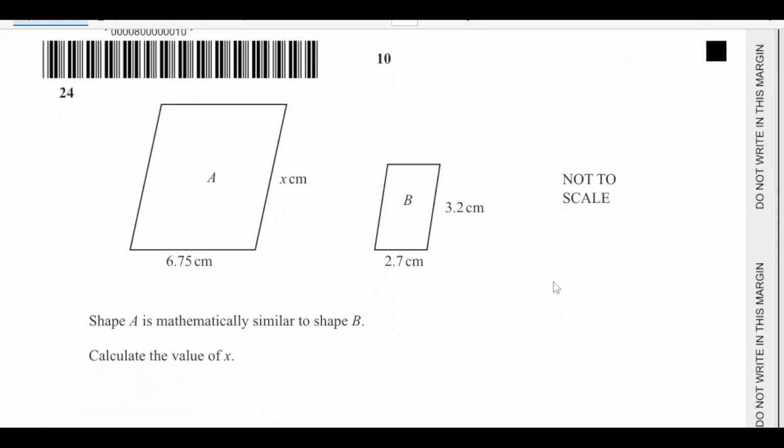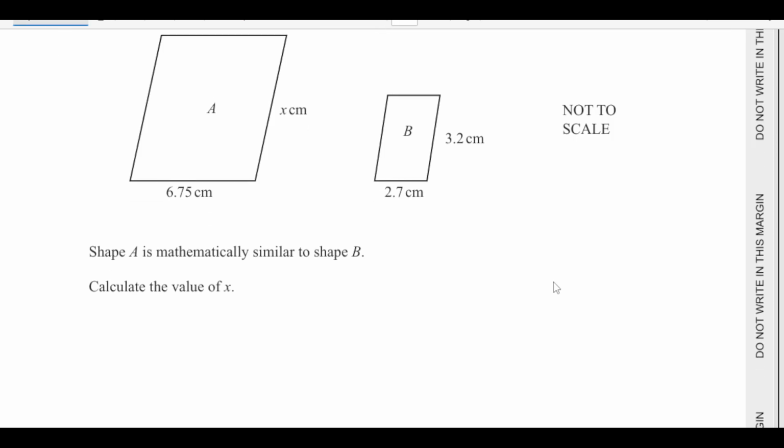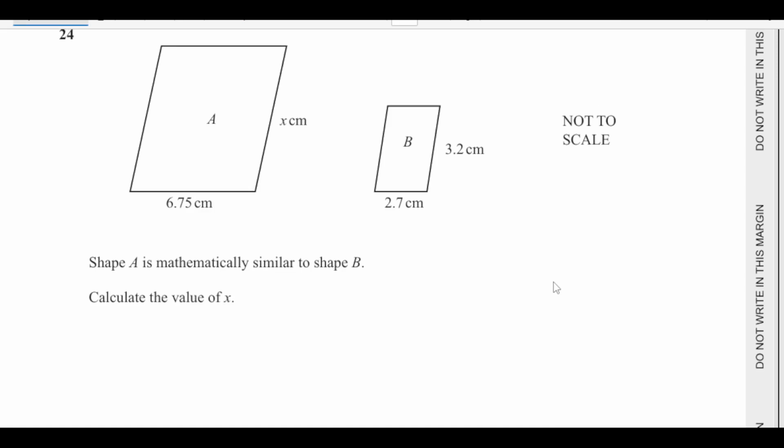Number 24, we have two mathematically similar shapes here, shape A and shape B. Calculate the value of x. So we are calculating one side here. When shape A and shape B are mathematically similar, the ratio of the sides is equal.